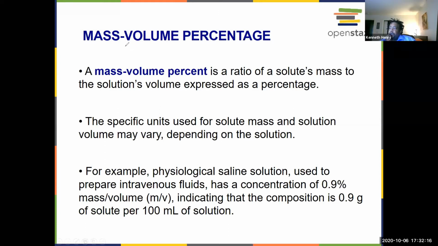So let's see, we're going to put salt. Let me do the math here.